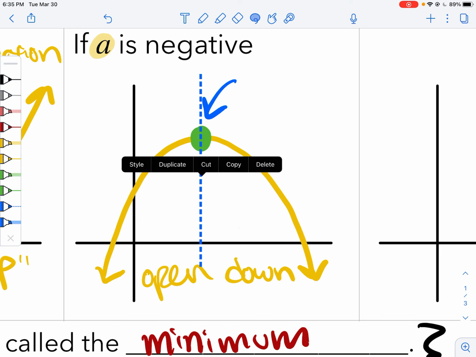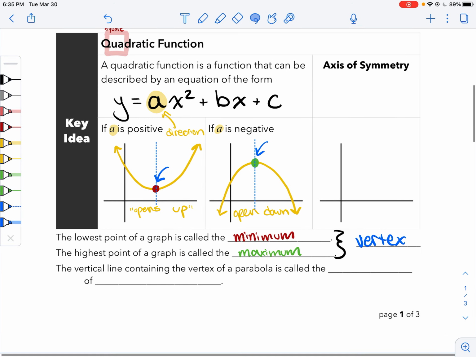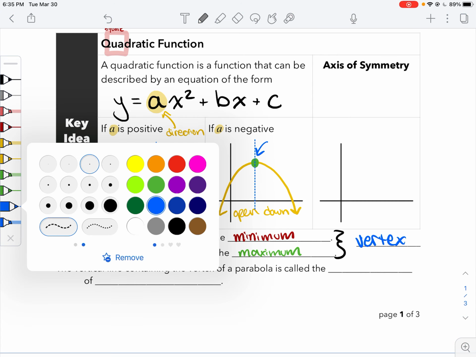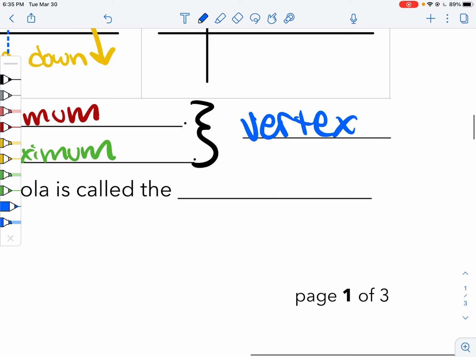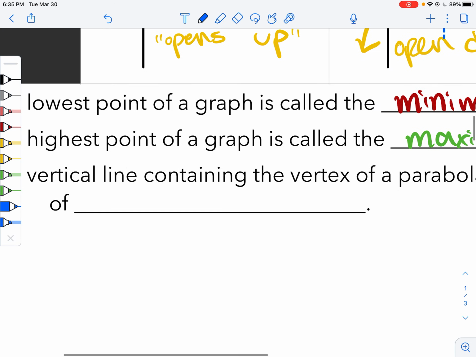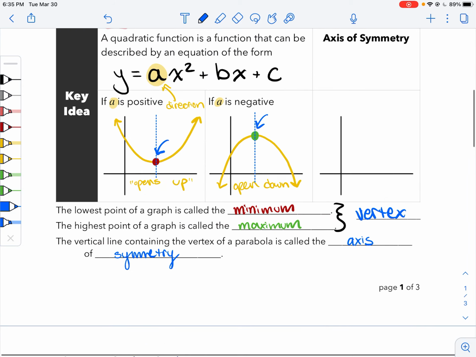So this line that has symmetry on both sides, we have a super fancy name for that. It's not a line, it's actually an axis. I was about to make a joke, but it didn't work. Okay, axis of symmetry. So parabolas will always have a vertical line. It will always go up and down, and it will always go through the vertex.